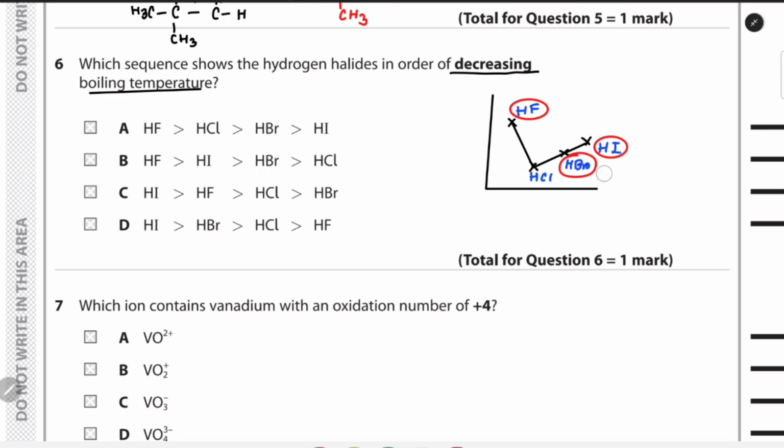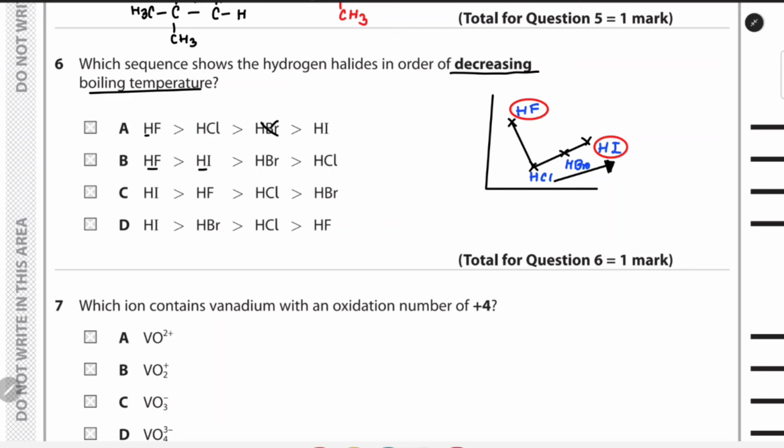The more the number of electrons, the stronger the London forces between them. So as we increase the number of electrons from HCl to HI, the London forces become stronger, causing the boiling temperature to increase again. So we'll have hydrogen fluoride, then we should have hydrogen iodide.